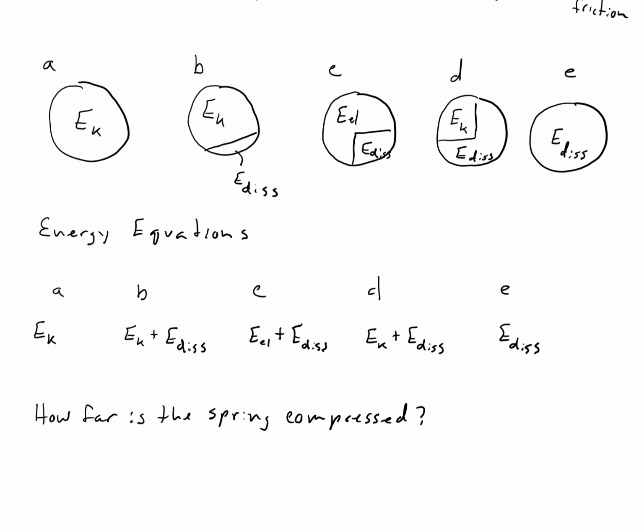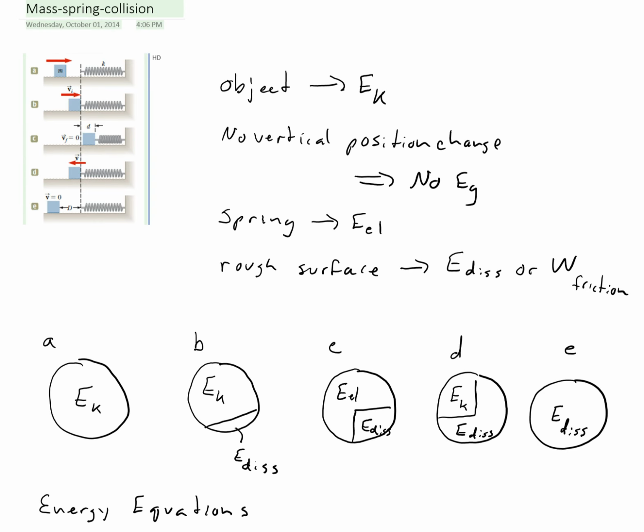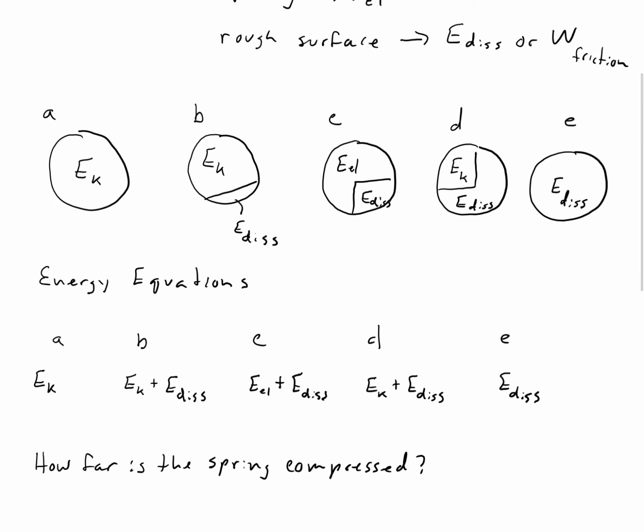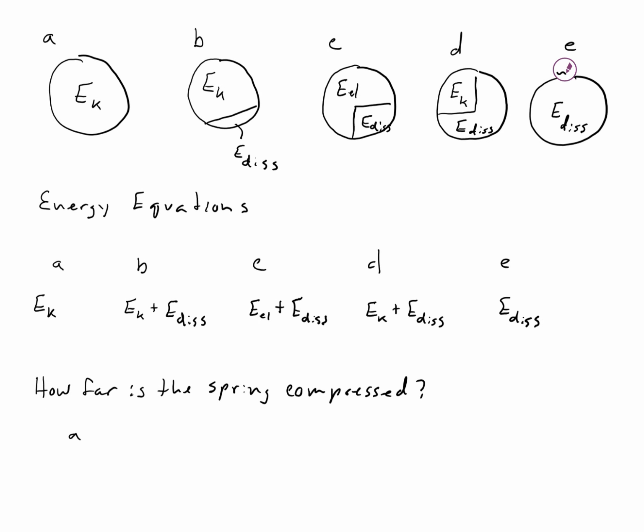If that's the question, we're interested in diagram A, and then where the spring is compressed at diagram C. So we would say kinetic energy initial is equal to elastic potential energy plus dissipated.